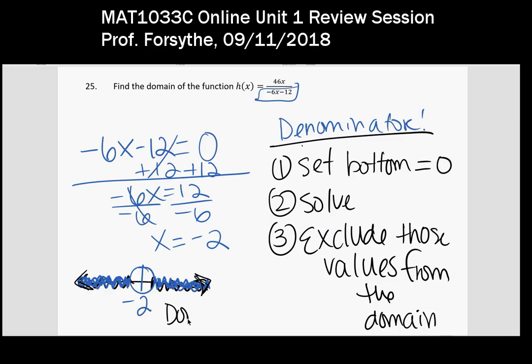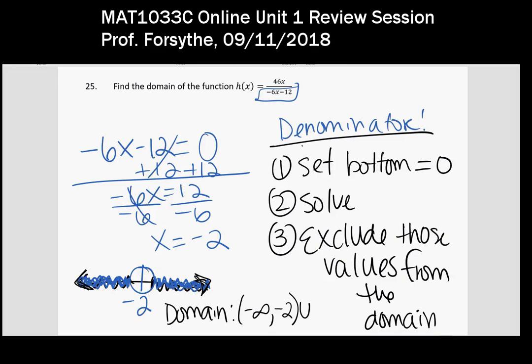So we would start from the left, because domain is all of your x values. We start from the left, and that would be negative infinity all the way to negative 2. But are we including negative 2? No, we are not. So we're going to use parentheses, and then we have another interval, so we're going to type U, which means the union.